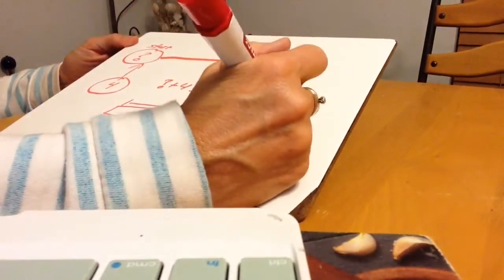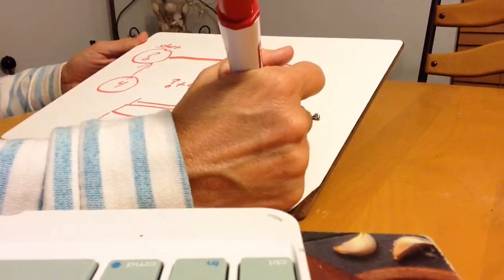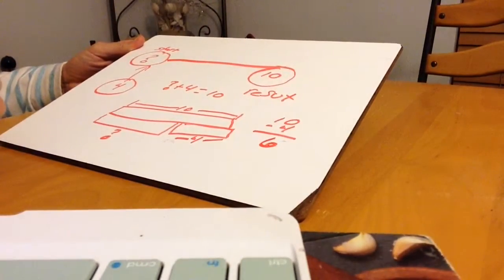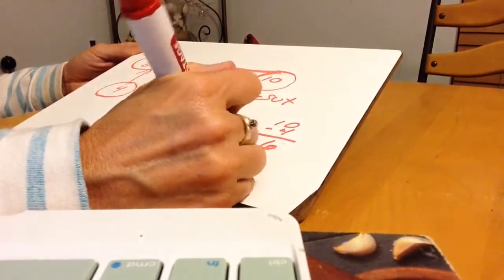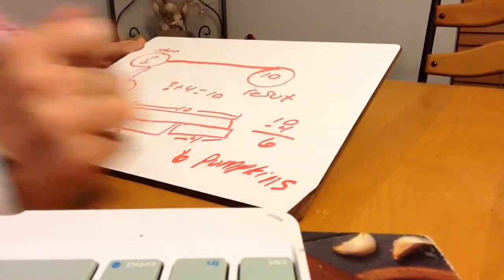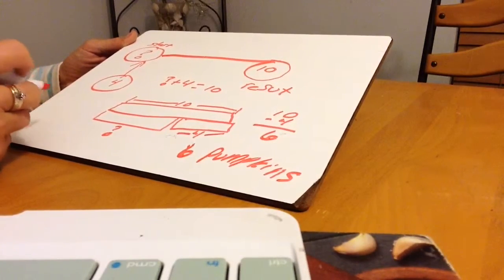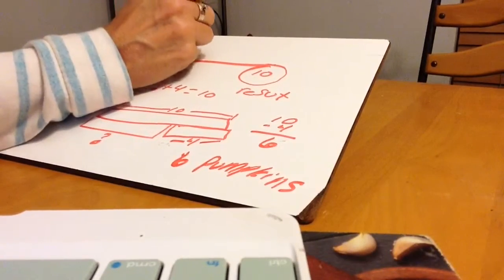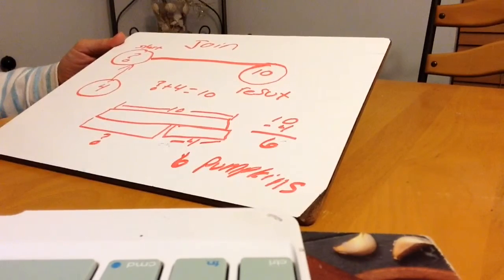So now we can write it: 10 minus 4 equals 6. So Julia started out with 6 pumpkins. Okay, and because it's going into the start, we call it a join. A join. Good.